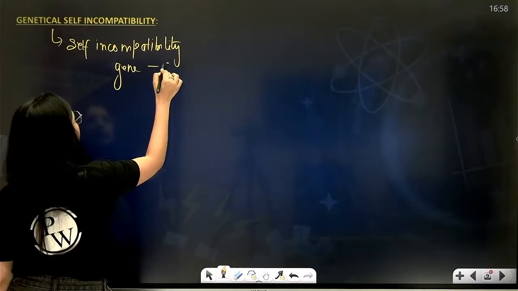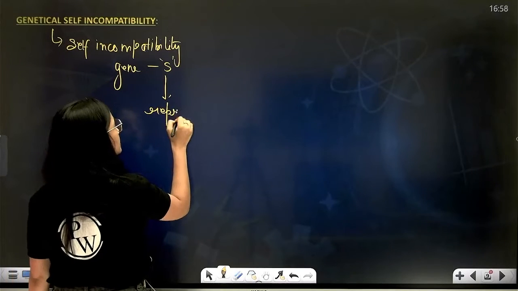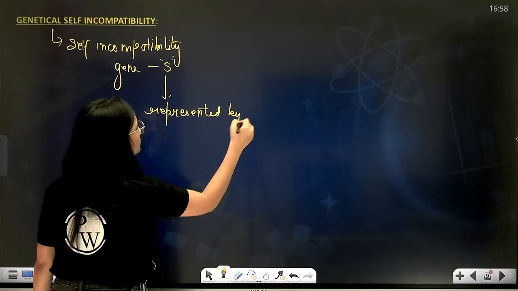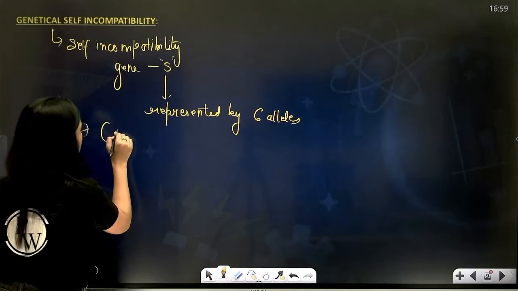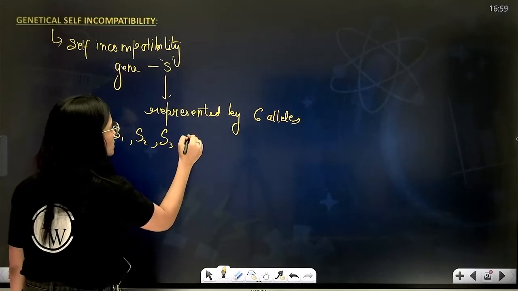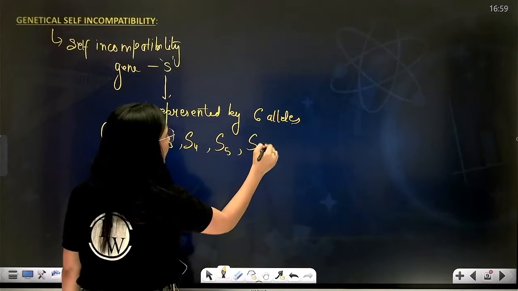The gene is S. This S gene is represented by 6 different alleles, which are S1, S2, S3, S4, S5 and S6.